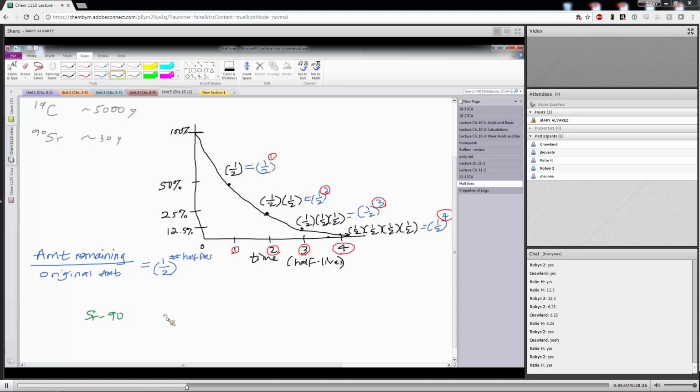Okay, so let's say, for example, we've got a sample of strontium-90. It has a half-life, we call this T1/2, that means half-life, of 28.8 years. So if I have a 5-gram sample that I'm storing, then the question is, how much will be left after 85 years?